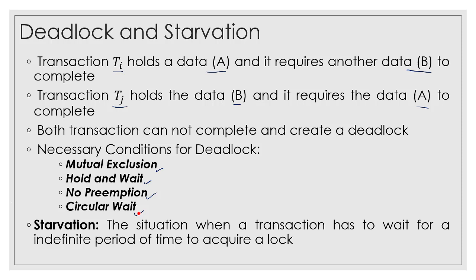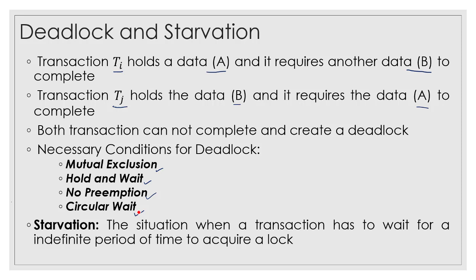That situation is called starvation. We are going to discuss deadlock and starvation in detail. In the previous example, we have seen that 2PL locking can suffer from deadlocks and starvation. So how do we deal with deadlock and starvation in case of 2PL locking?